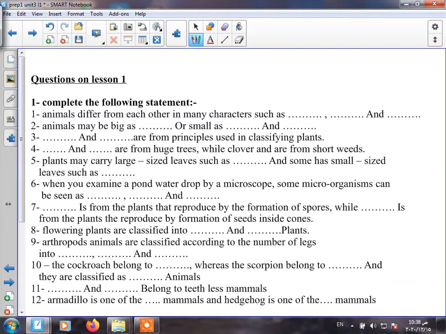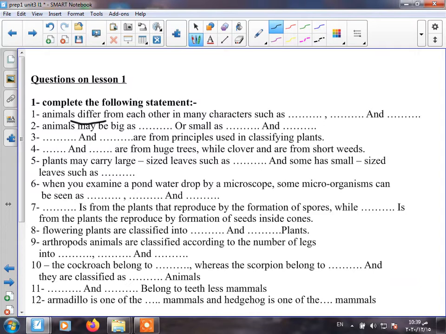Remember this word, differ. Differ equals diversity. Animals may be big as elephant or small as rat and rabbit. Number 4, dots and dots are from huge tree. So this is the way in this part.